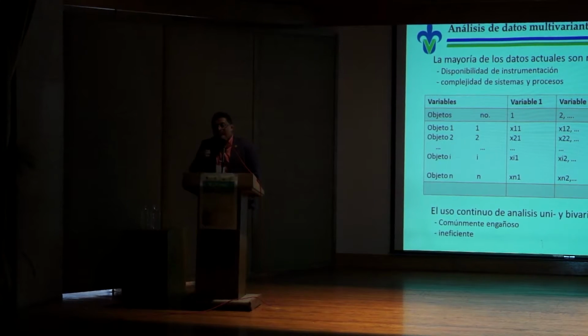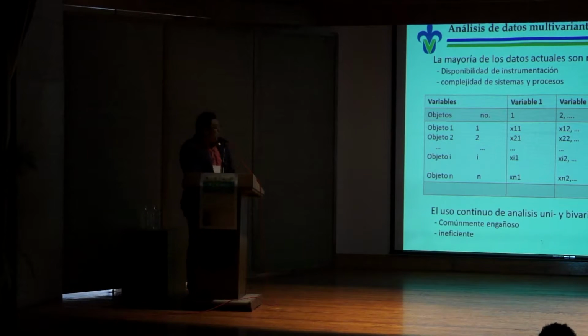Every single metabolite in a plant will be a variable X. So you have a plant with around 150 to 200 different chemical components, and every component will be a variable X. So you will form a matrix of variables X. Most of the systems that we work with are not univariable or bivariable.